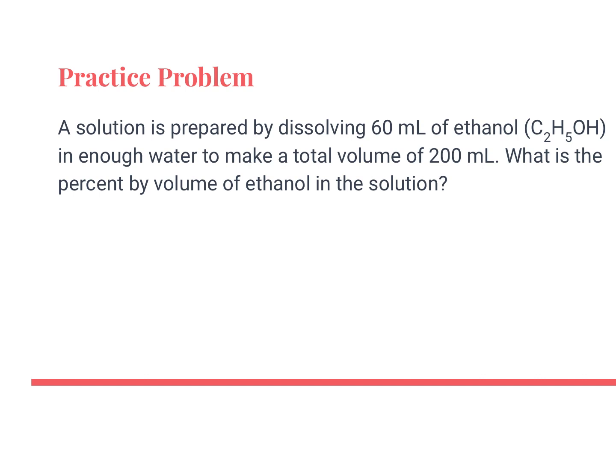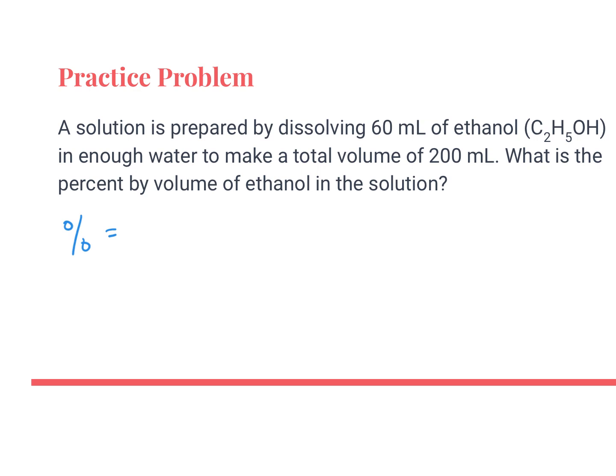All right, so a solution is prepared by dissolving 60 milliliters of ethanol in enough water to make a total volume of 200 milliliters. What's the percent by volume of ethanol in the solution? So to find the percent, it's just the volume of the solute.